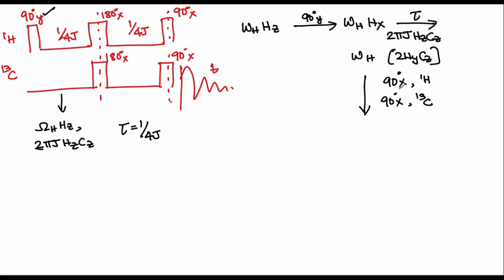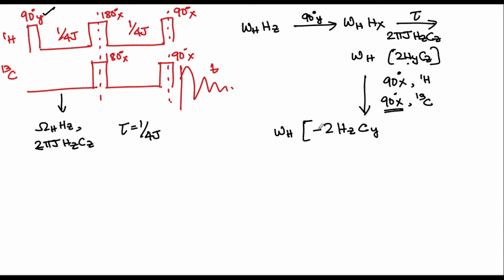If you are applying a 90-degree pulse along the x-axis when the magnetization is along y, you are going to end up getting 2 times Hz with a positive sign. On the other hand, if you have the Cz operator present and you are applying a 90-degree pulse across x, you are going to end up getting Cy with a negative sign.